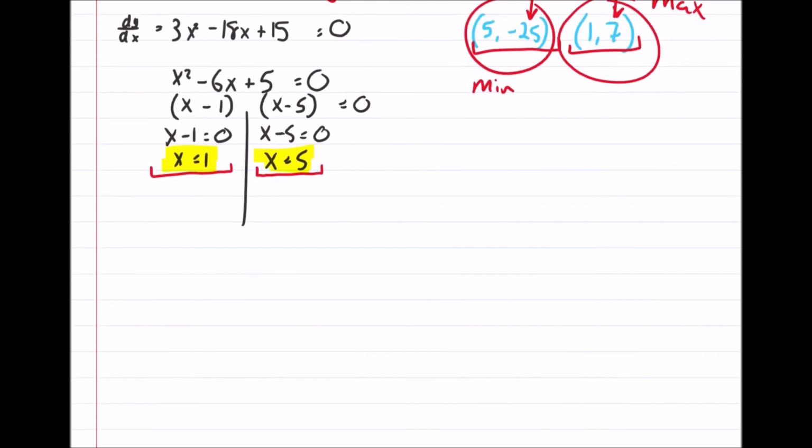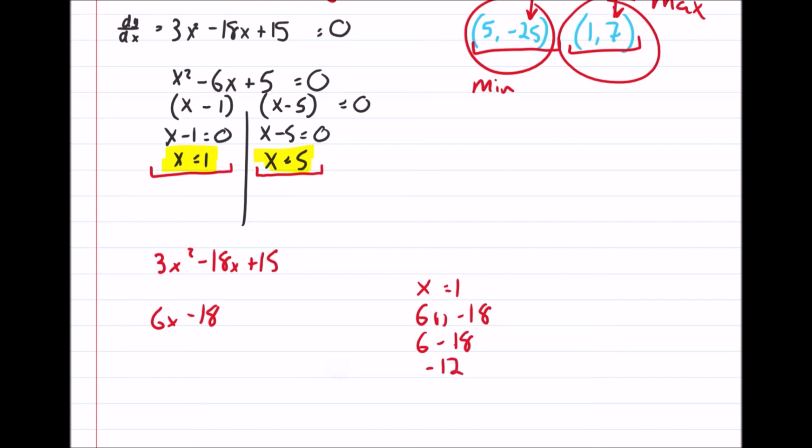Alright, but let's just do it the other way. So, I've differentiated once, which I got 3x squared minus 18x plus 15. Differentiate again, and I get 6x minus 18. Take my x equals 1 and put it in. So that'll be 6 times 1 minus 18. 6 minus 18 is minus 12. Minus 12 is less than 0.